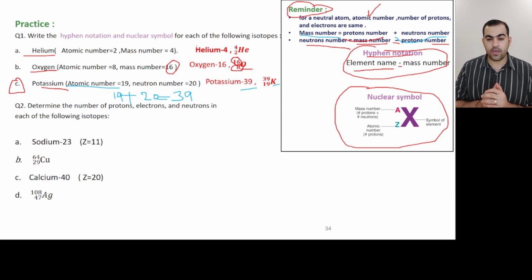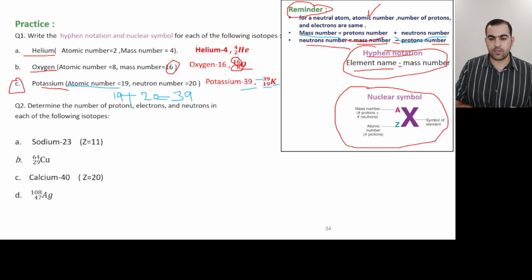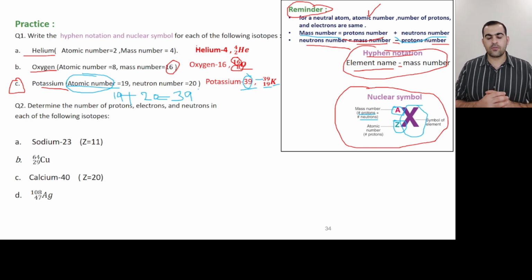In the exam, if you write P, this question will be wrong. So the symbol, atomic number, and the mass number, which is 39. We found it. We write the symbol, superscript the mass number, subscript the atomic number. Mass number means protons number plus neutrons. Atomic number means the protons number. 19 plus 20 neutrons number equals 39.